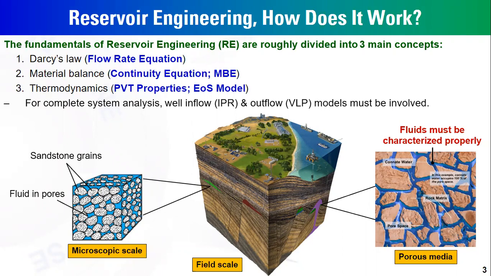For complete and total system analysis, we have to involve two additional models, IPR and VLP, inflow and outflow models, for complete system analysis and production optimization.